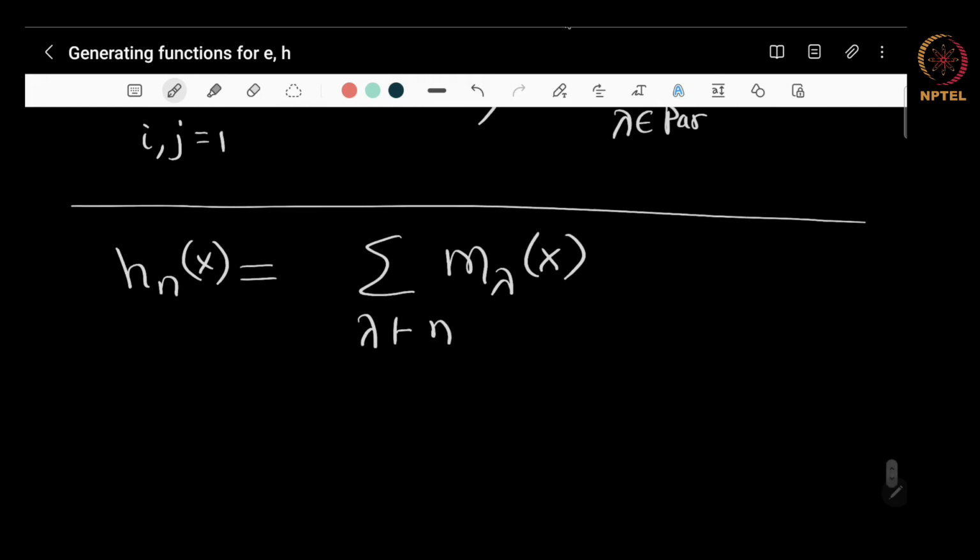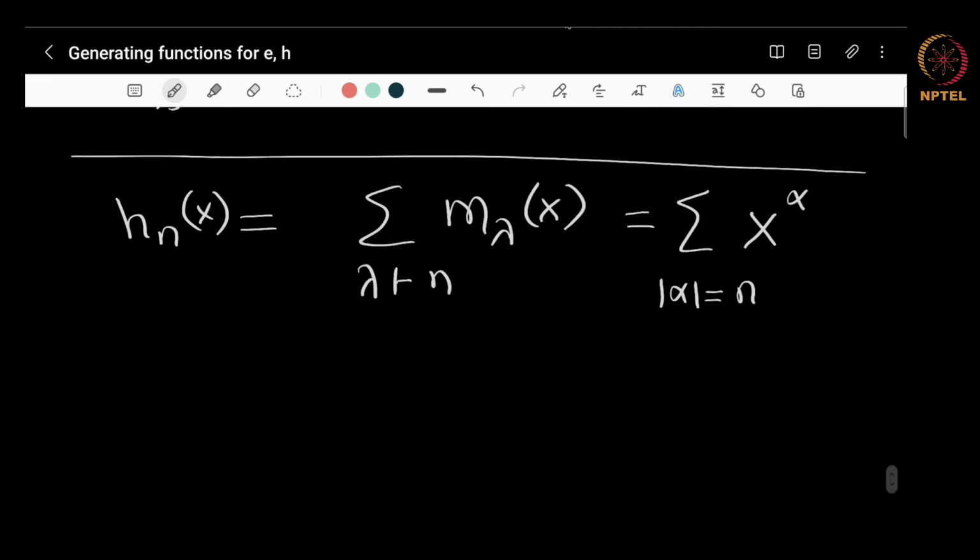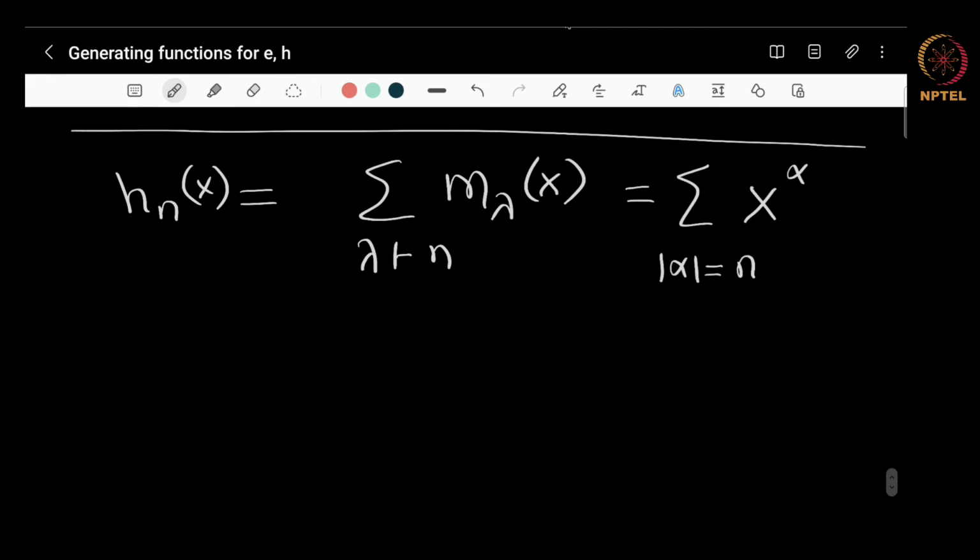And this is, in a sense, all possible ways of forming monomials whose total degree is n, so think of it as x power alpha, alpha running over all possible infinite multi-indices, such that the total sum of the powers is n. So this is just all possible ways of combining the powers of the variables x1, x2, and so on, so that the total degree of that monomial is n.